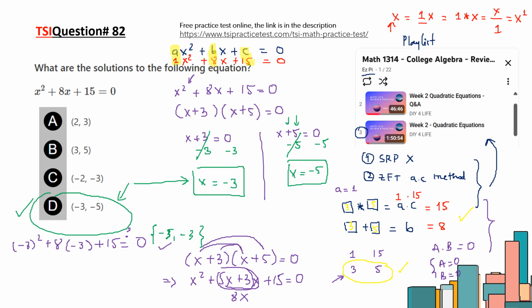That's good. Now check negative 5: negative 5 squared plus 8 times negative 5 plus 15. Is that equal to 0? 25 plus 15 is 40. 8 times negative 5 is negative 40. So 40 minus 40 is 0. So the answer is correct.